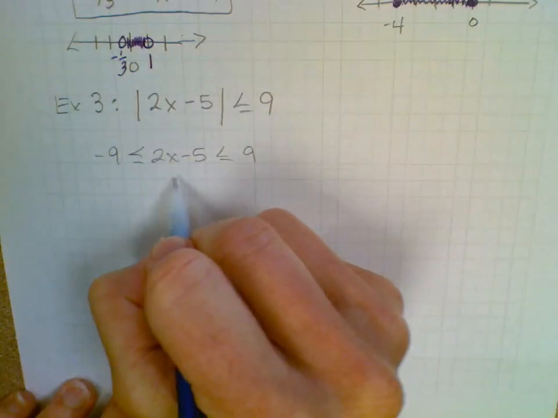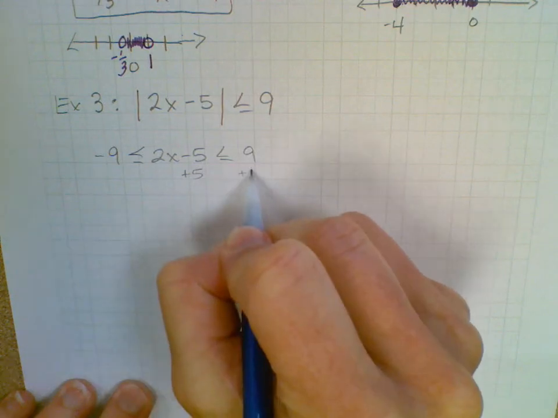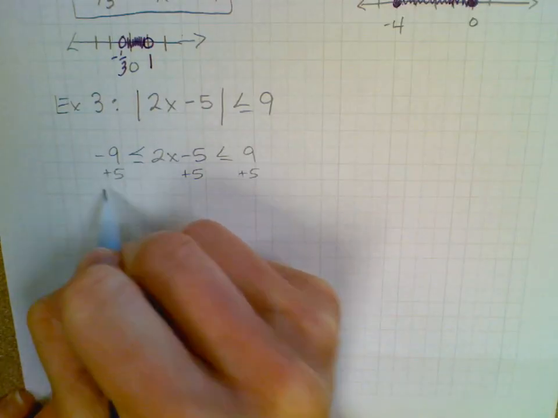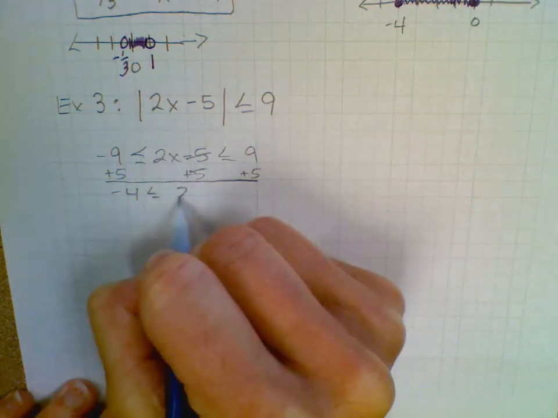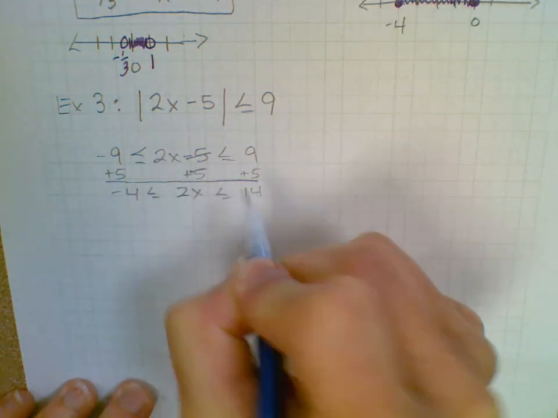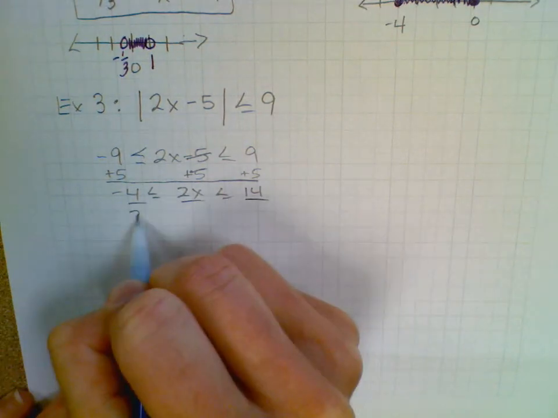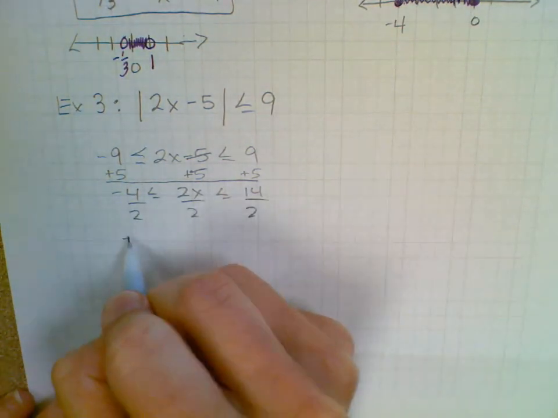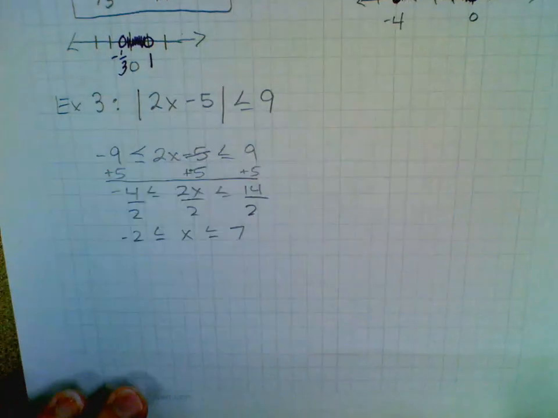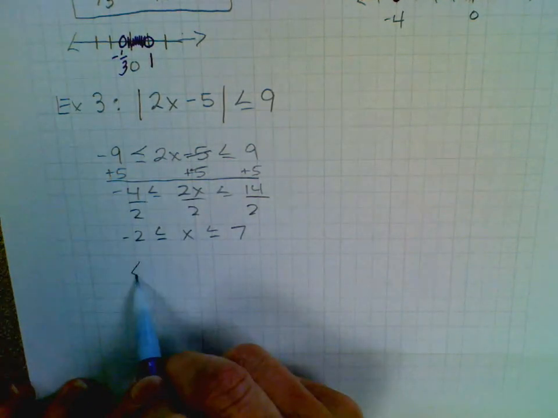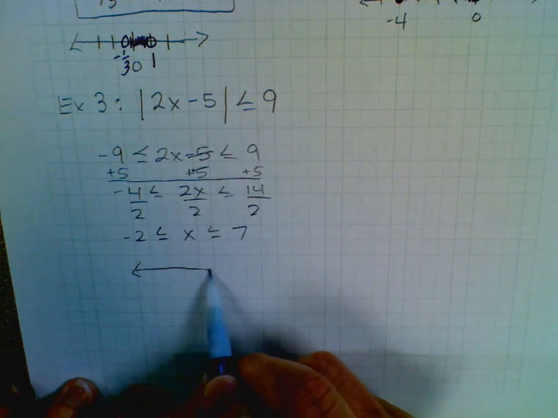Okay, so now I want to solve for x, so I'm going to add 5 all the way across. And then divide everything by 2. Okay, so on my graph, these are kind of spread apart.